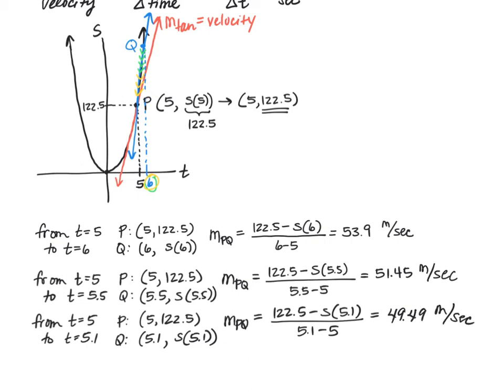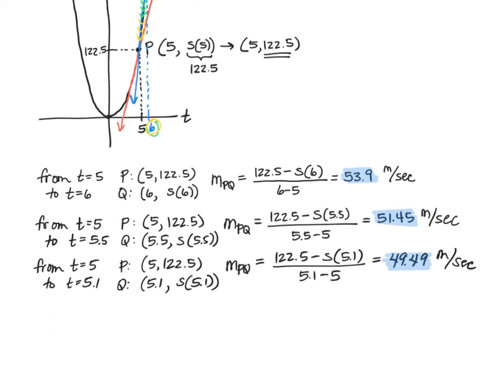So let's pause for a second because let's look at our average velocities and see if there's a trend. We started with 53.9, then we went to 51.45, and now 49.49. So we cannot stop here because right now I can't tell what these values are getting closer to, if we're approaching a value, which means we have to continue to get closer to point P. Now that you've written out the computation 3 times, you don't need to continue writing it out.